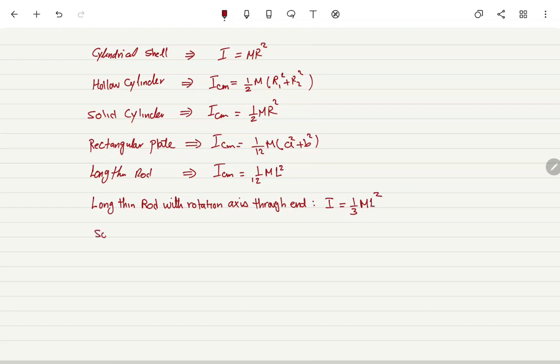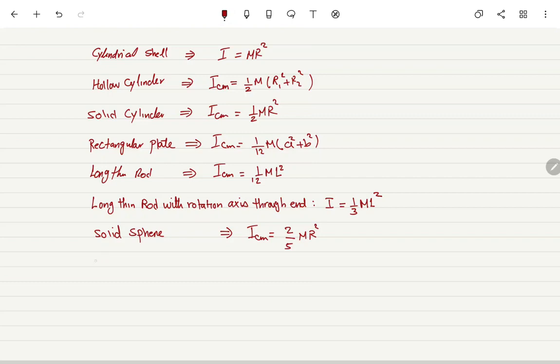For a solid sphere, the moment of inertia about its center is equal to 2 over 5 mr square.